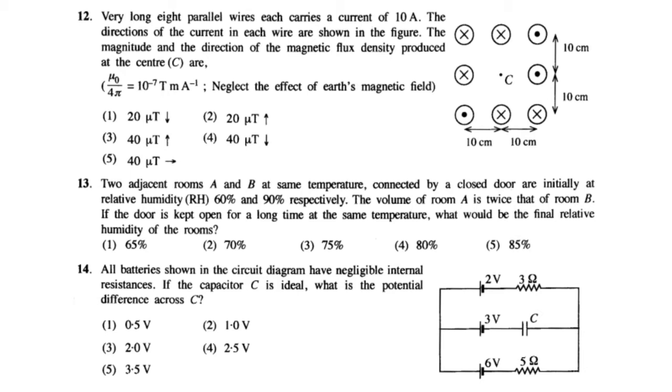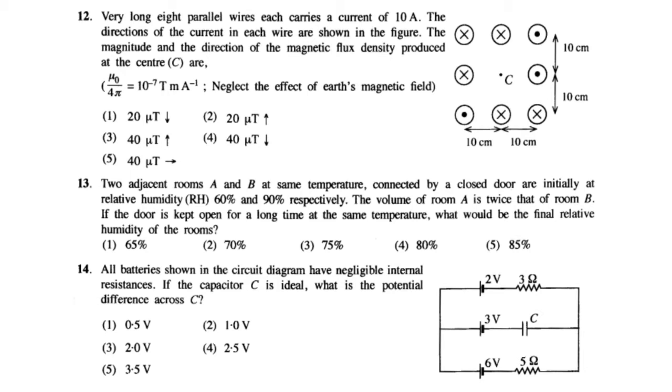So keep your finger at 2, pointing your thumb inside the book. When you turn your fingers, you can see the direction of the magnetic field at C is to the left. And similarly, the magnetic field produced by the 7th wire is to the right.